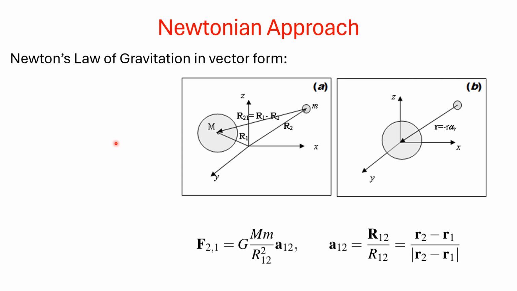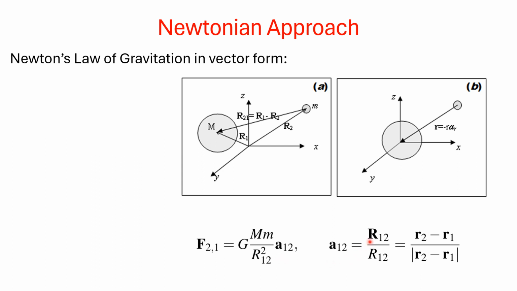The force of attraction is directly proportional to the product of their masses, while it is inversely proportional to the square of the distance between them, and the direction will depend when you are considering force on the second object due to the first object. It will be G m1 m2 upon r square, that is the distance between first and second object, into a unit vector r12 cap.